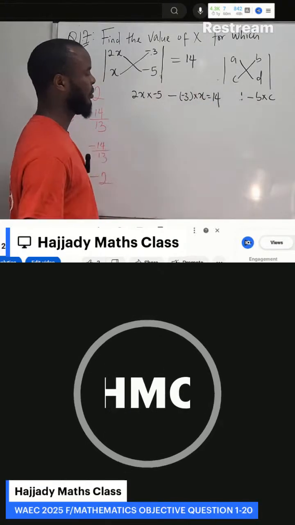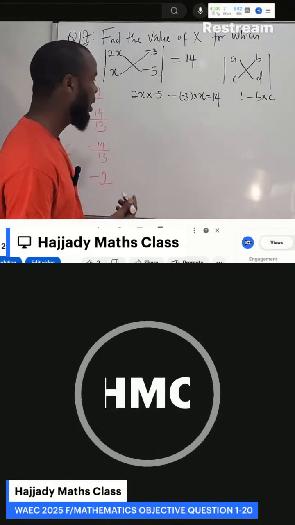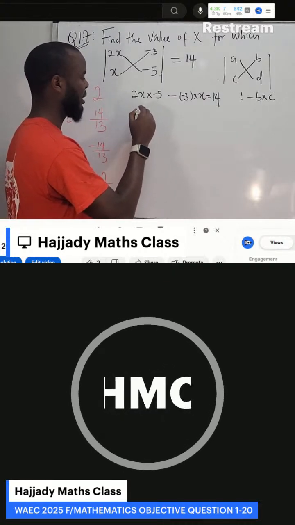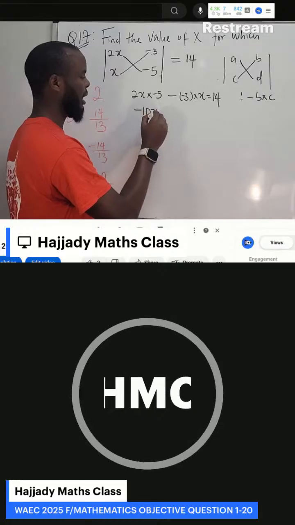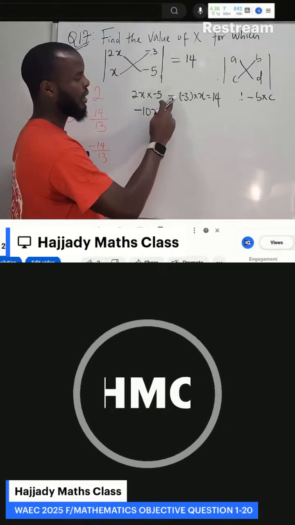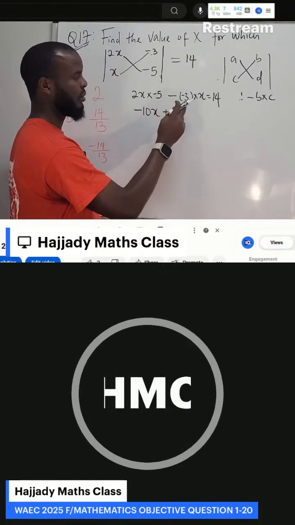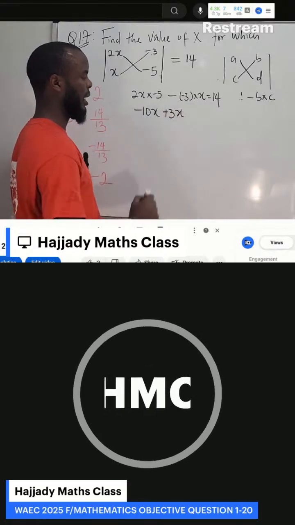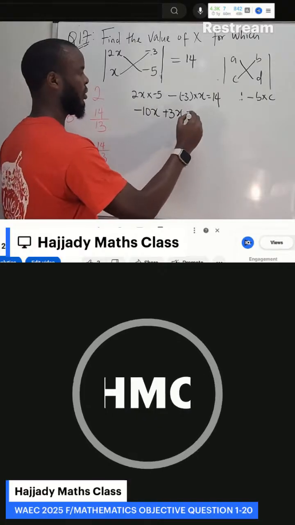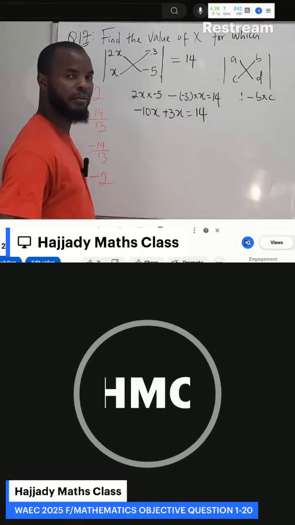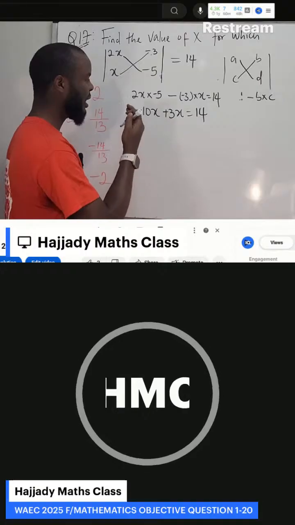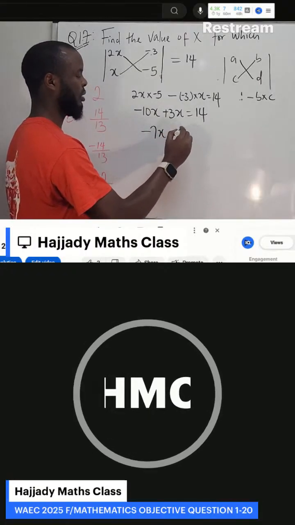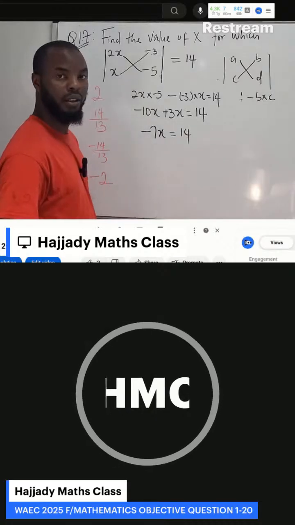So this is what we have. Let's simplify further. Here we have 2x times -5, which is -10x. Negative times negative is going to be positive. 3 times x is 3x, equals 14. -10x plus 3x is going to be -7x equals 14.